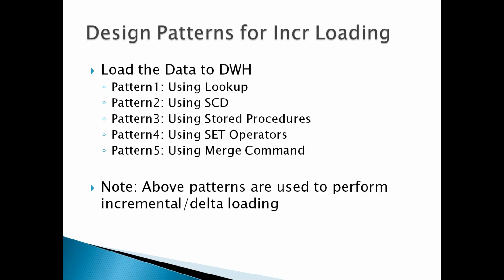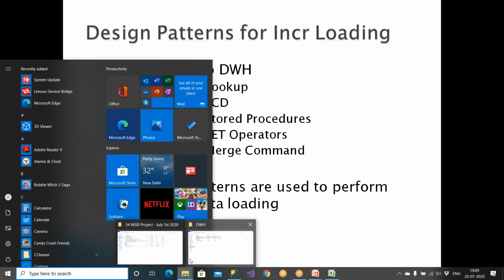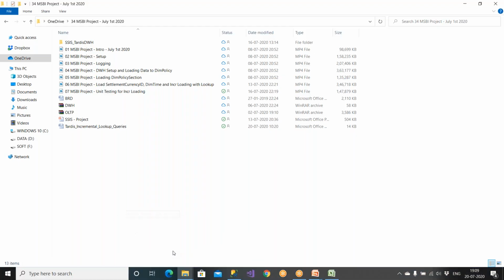After that, we had done the testing, whether whenever you insert any row into the TARDIS, it is going to the destination or not. If you're not able to do that, I had given some scripts in your OneDrive. You can open the script, TARDIS incremental lookup queries.